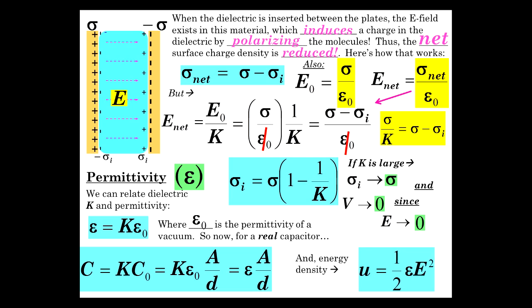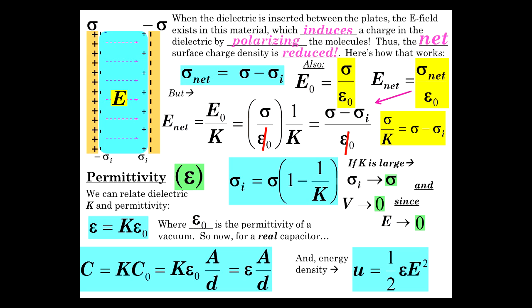And energy density is what it was before, except that now we have 1/2 epsilon E squared. And since E is reduced by this factor, this whole energy density, because E is squared, actually goes down. So there's less energy density in this situation.